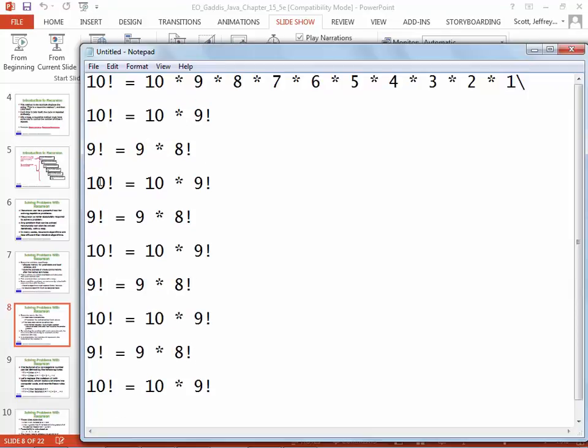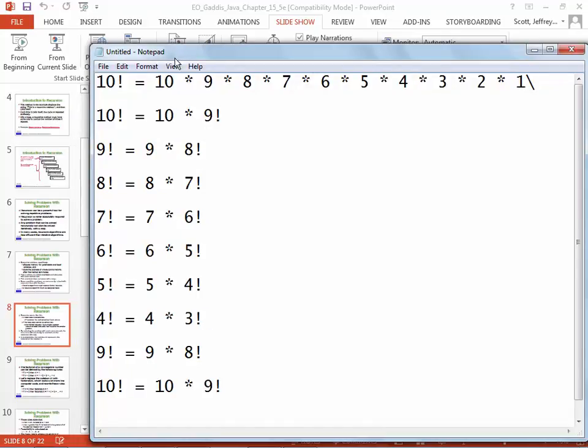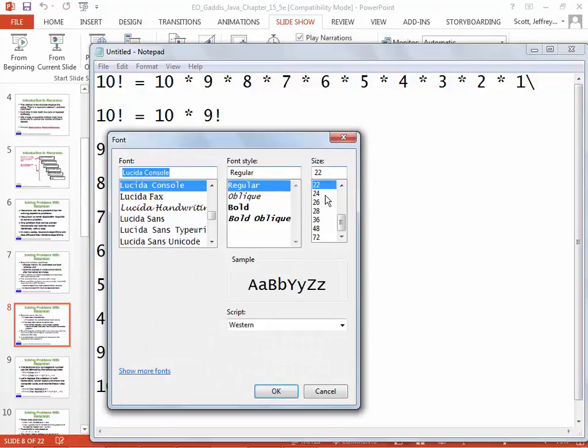All right, so we've got 10, 9, 8, 7, 6, 5. Hopefully I didn't miss anything. Let's make this a little smaller so we can see it all on the screen easily enough.